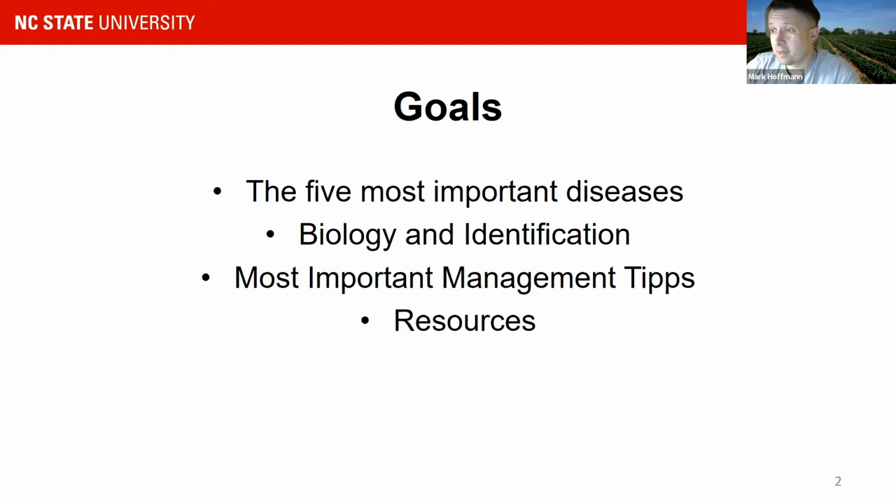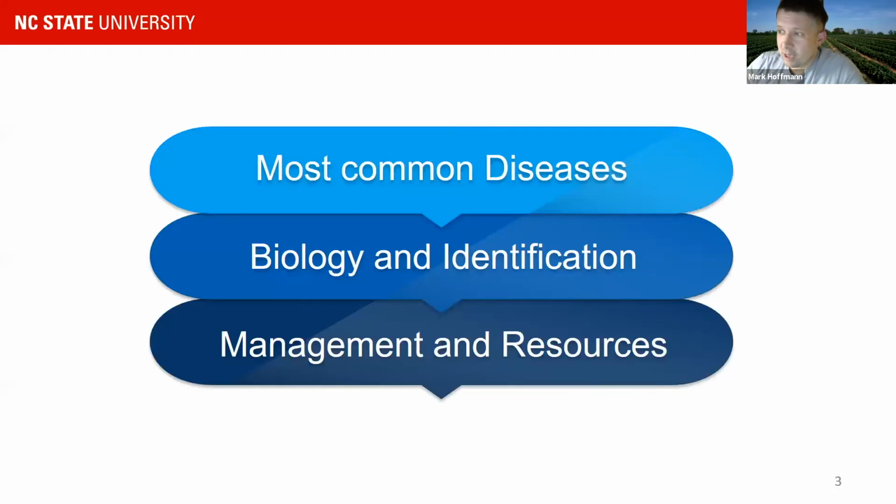Then a little bit about the biology and identification of those, and some of the most important management tips. We also have some resources which I would like to share with you: a phone app, and some other resources on the internet which are really easy to access. So that's the goal here, and then we have 3 chapters which we talk about.